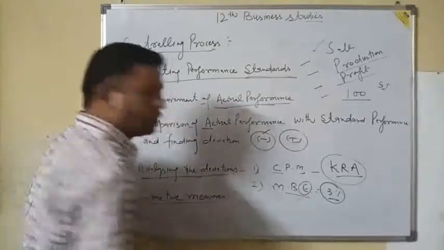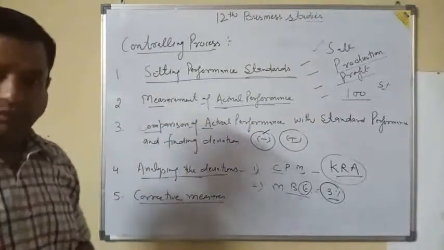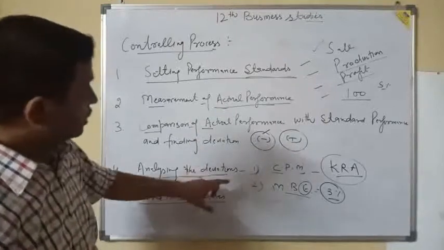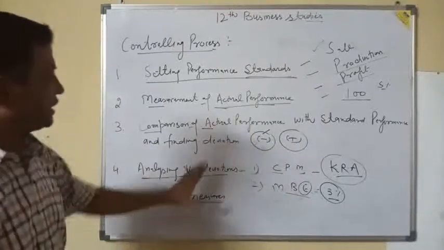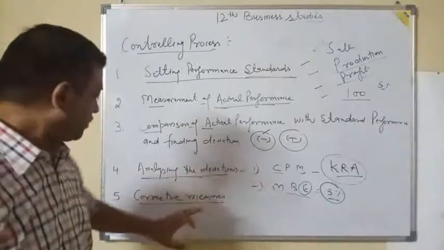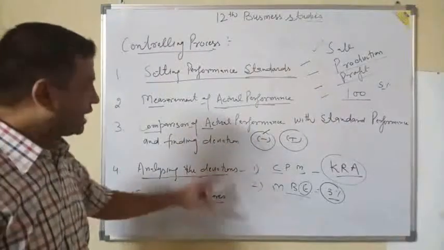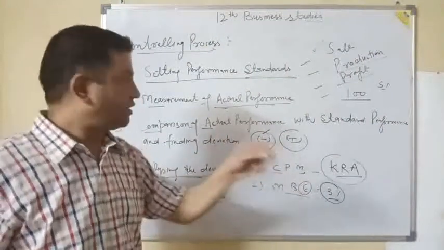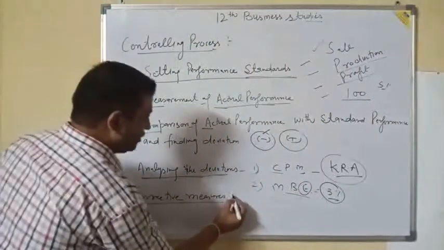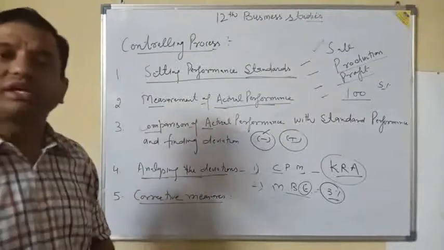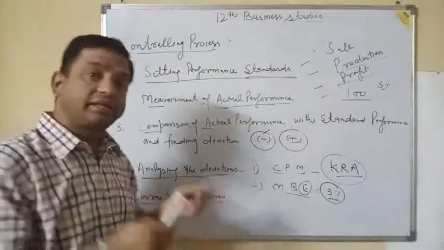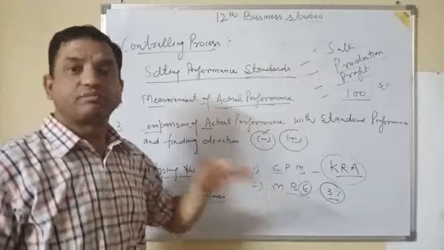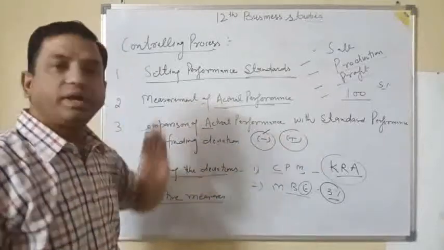Now the last, you have to take the corrective measure. You have to act according to the situation. If the negative deviation is there, you have to make such arrangements that these negative deviations should not be repeated in the future. Second, if the positive deviation is there, then you have to decide that the system should keep on moving as it is.